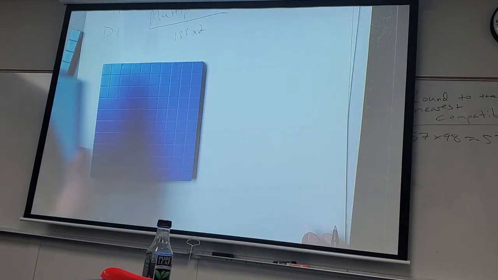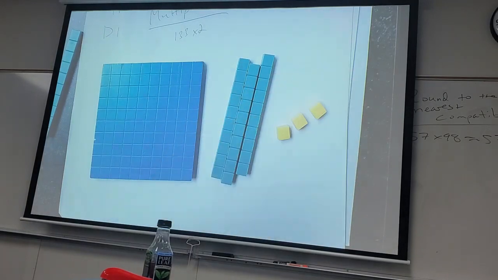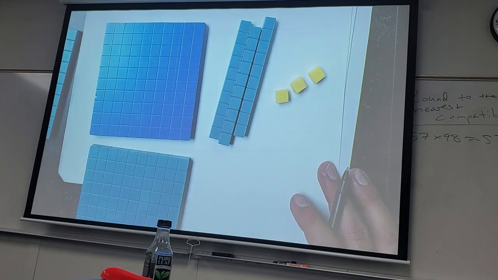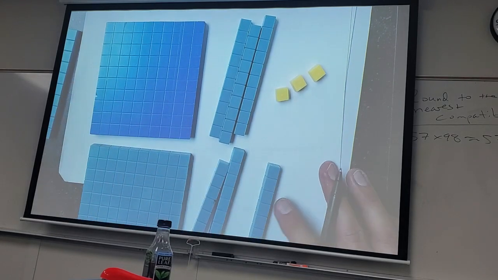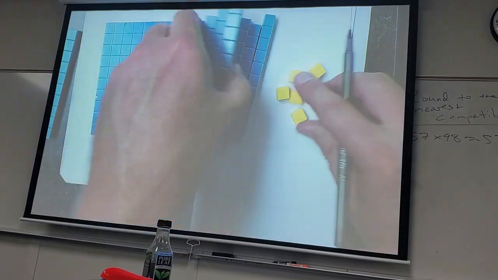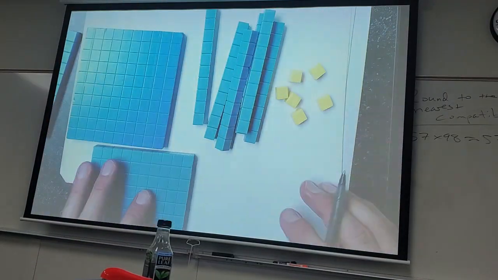Here's 133. What would I do to represent 133 times 2? Yeah, so we did basically the same thing before, right? Just put these two, and then I start putting these together, and then I get my 266, right?